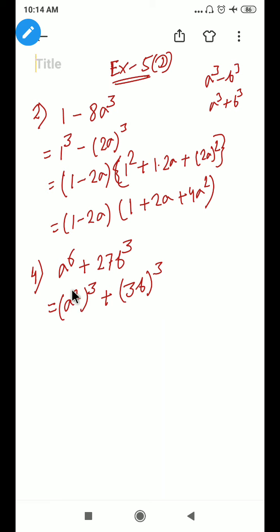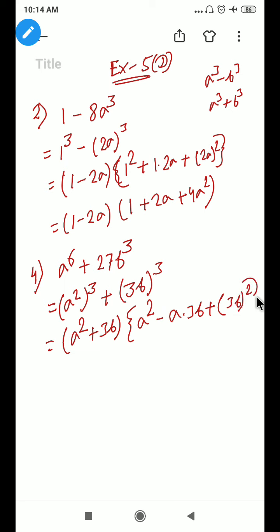So a square is here a, and 3b is here b. Use the formula a cube plus b cube, that is (a plus b)(a square minus ab plus b square). Now this is (a square plus 3b), and if you solve it, you will get a square minus 3ab plus 9b square. So that's it.